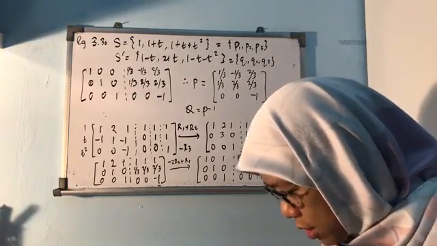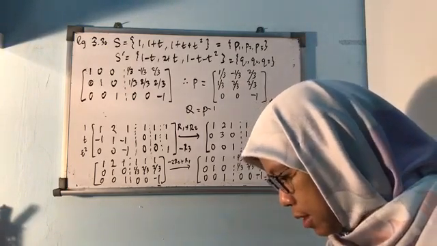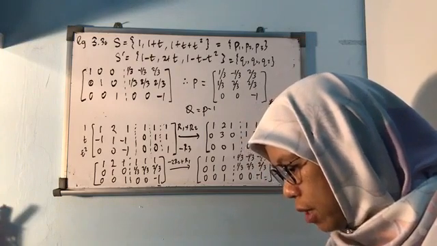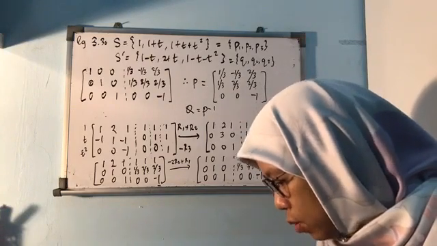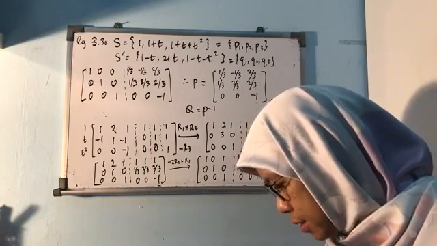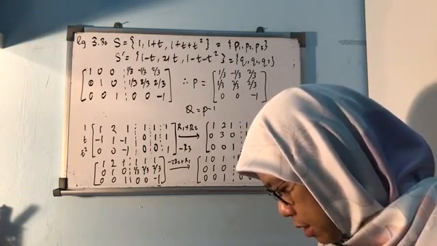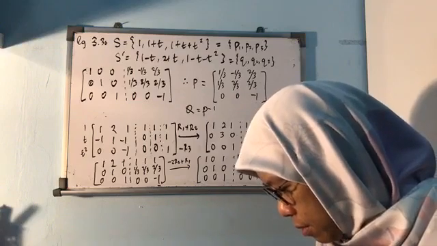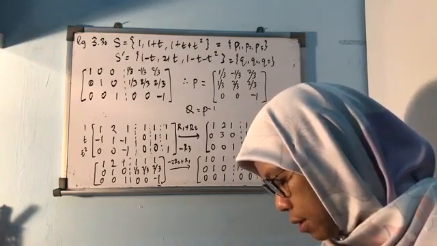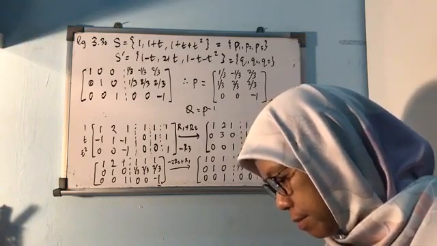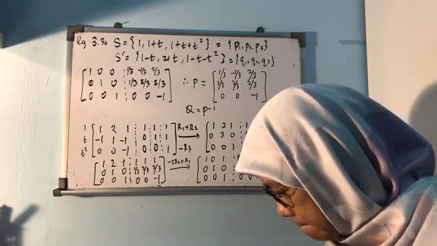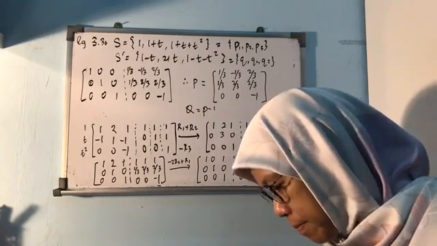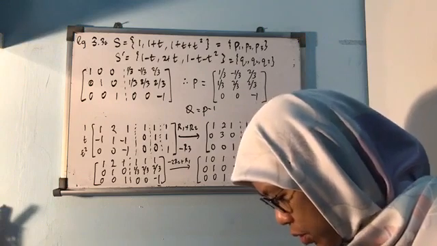So you can look at Example 3.3.1. We'll stop here. And you can continue. No question about coordinate vector?